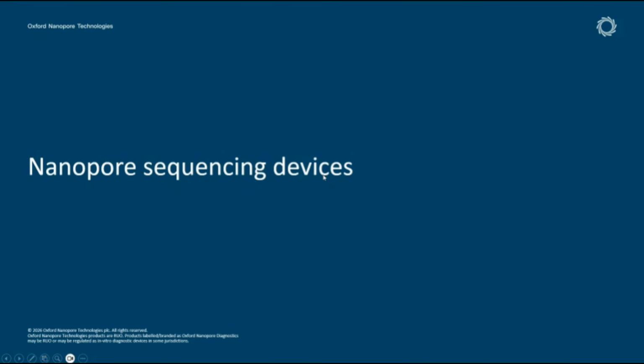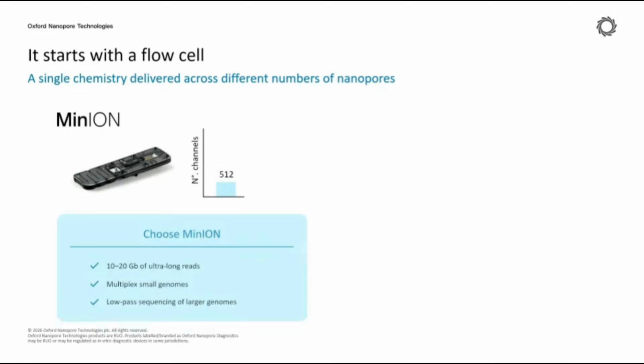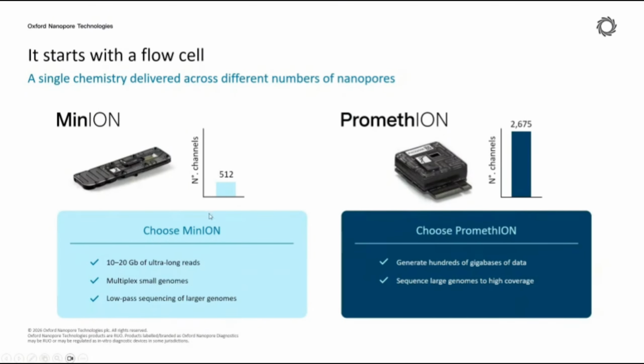All this happens inside the flow cell. All the nanopores are fixed into the flow cell. There are two types of flow cells from ONT: one is called the MinION flow cell, and the other is called the PromethION flow cell. The difference between these two is basically the data throughput.